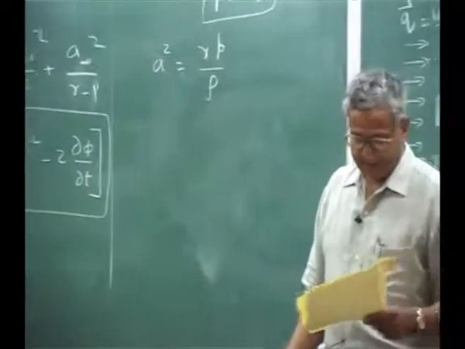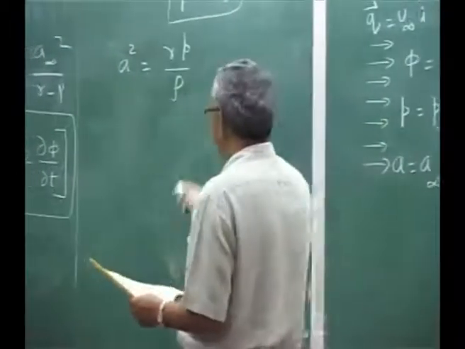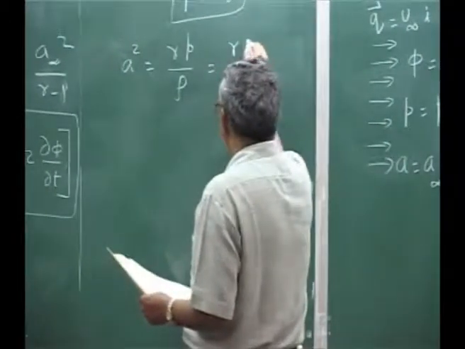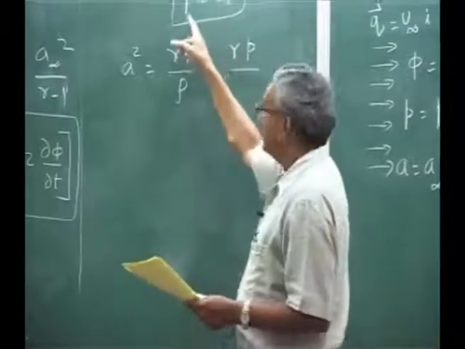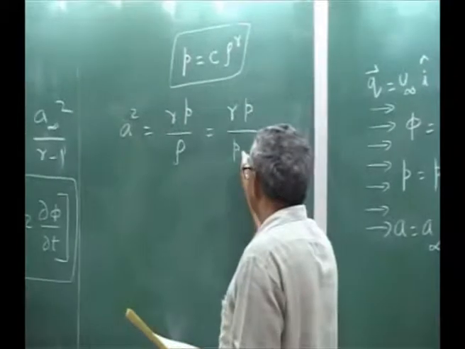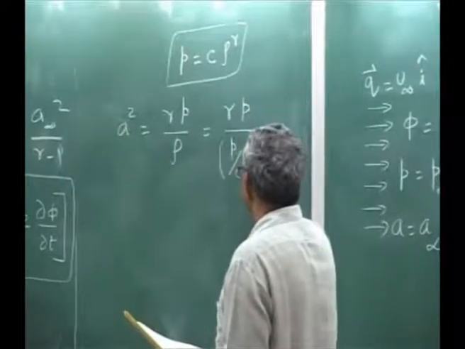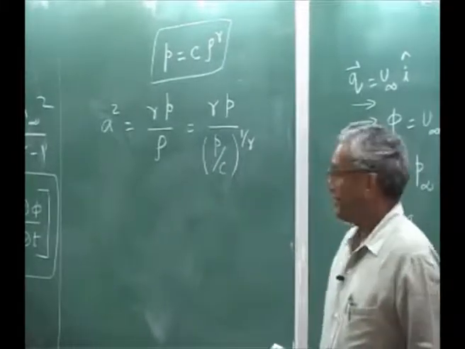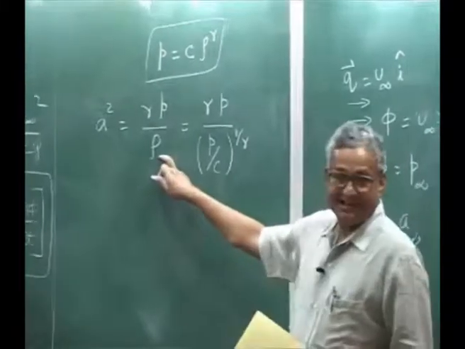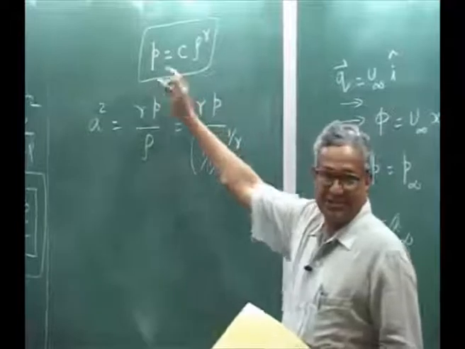Now this is gamma p, rho is p over c to the power 1 over gamma, right, because I am replacing density by pressure.